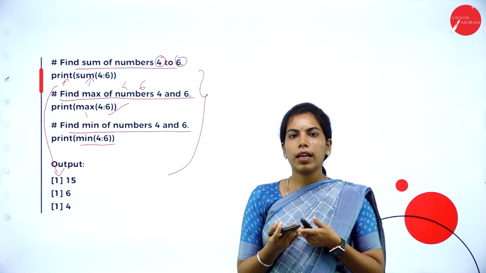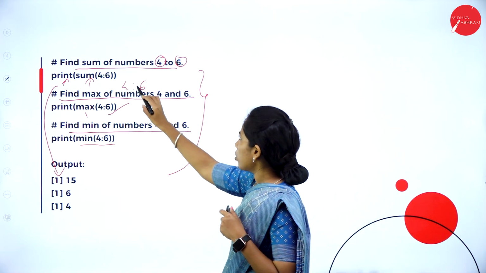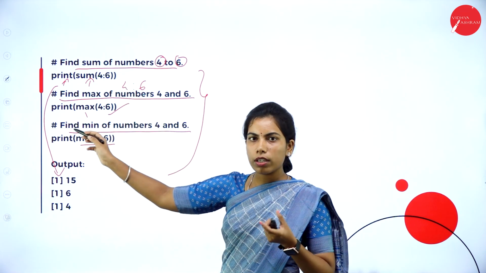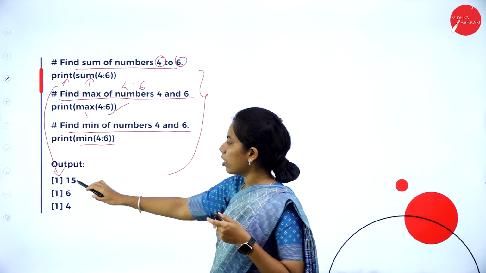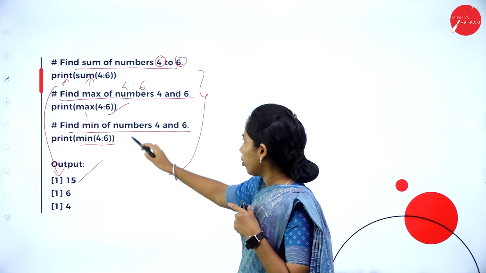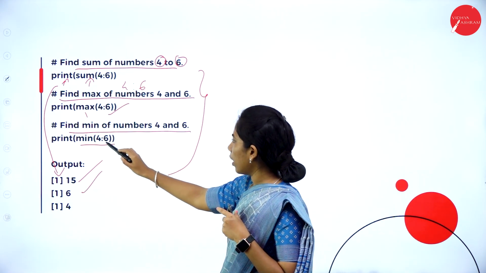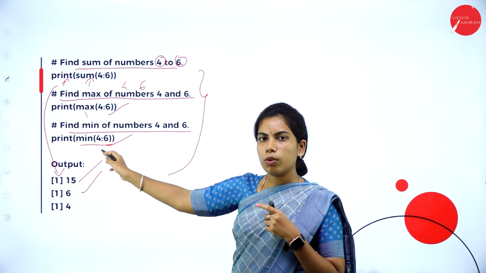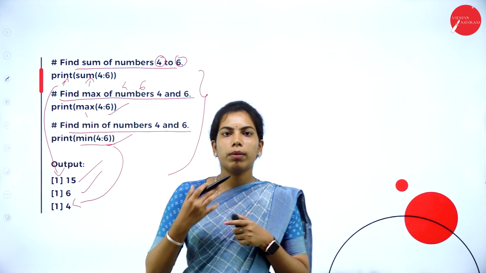Because 4 plus 5 is 9, 9 plus 6 is 15. 4:6 means the sequence starting from 4 and ending at 6. When I add 4, 5, 6, I get a sum of 15. Comparing 4, 5, 6, the maximum number is 6, right? And comparing the sequence 4 up to 6, the minimum number is 4. This is how the inbuilt functions work.